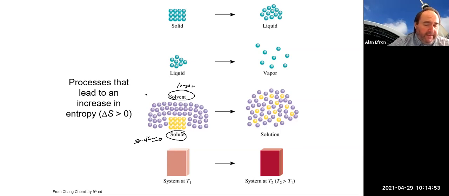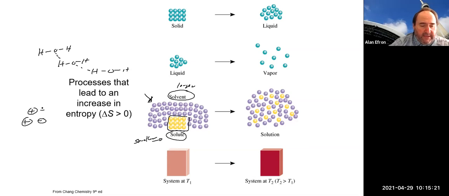But before we even do the dissolving process, the solvent itself is fairly ordered. If you think about water, before you dissolve anything in water, there's a whole network of waters attached to other waters through hydrogen bonding, a very nicely ordered arrangement. In our ionic solid, here in our solute, there's a whole ordered arrangement of how our positive ions and negative ions are by each other in this three-dimensional crystal lattice.